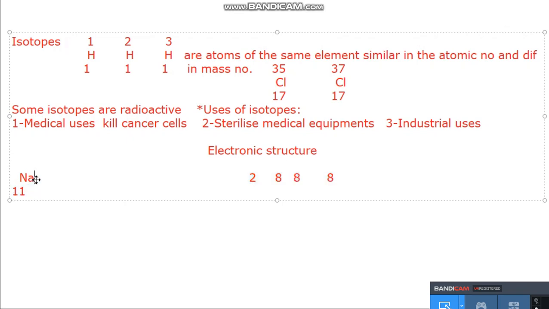So we put 2 electrons in the first energy level, and then 8 electrons in the second energy level.